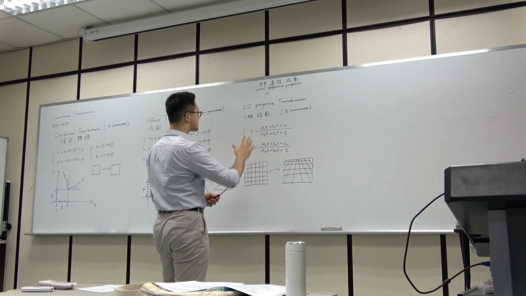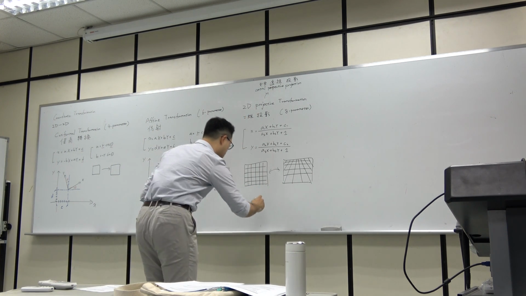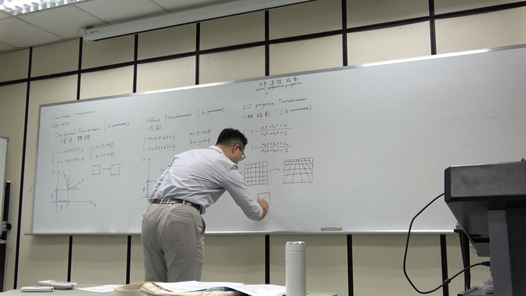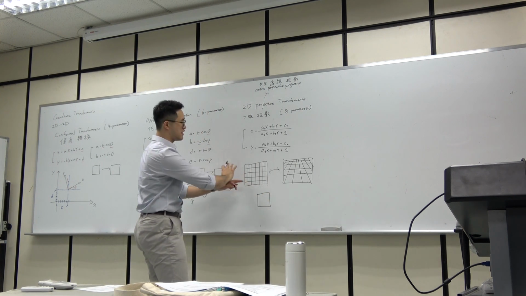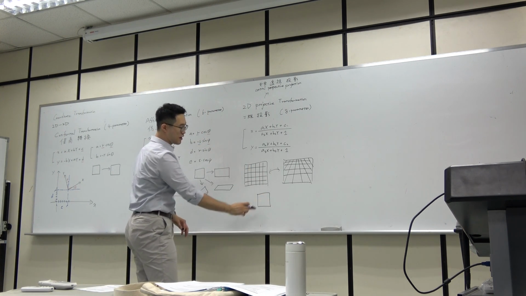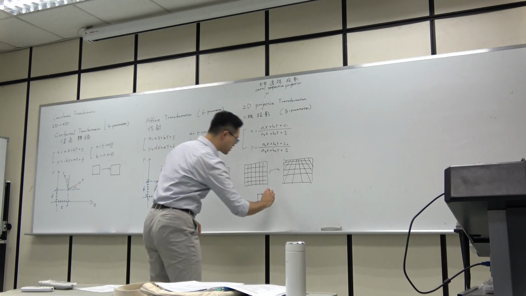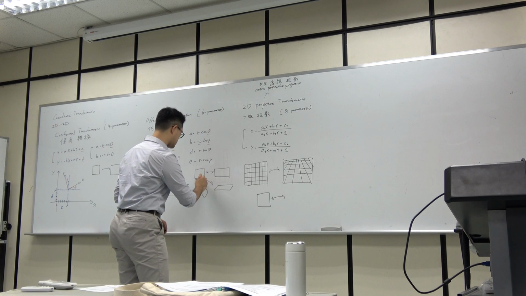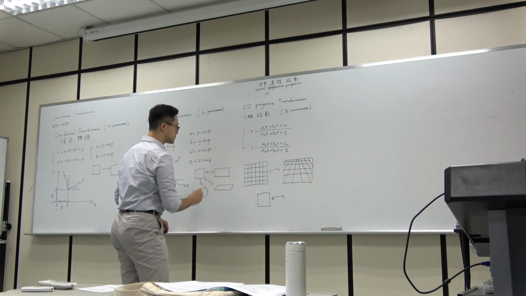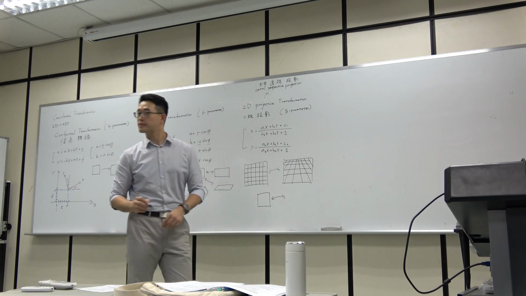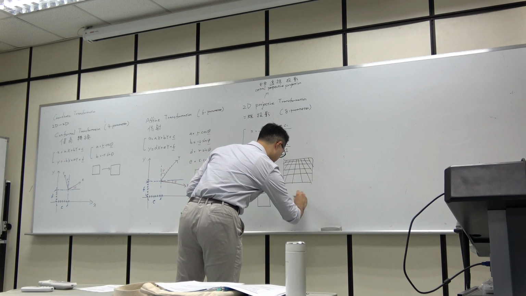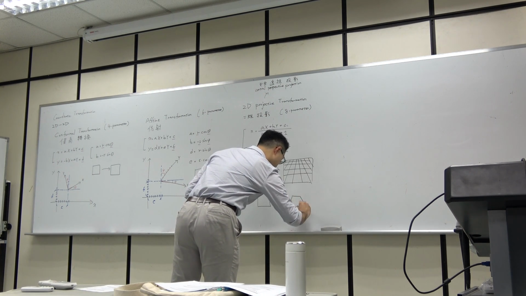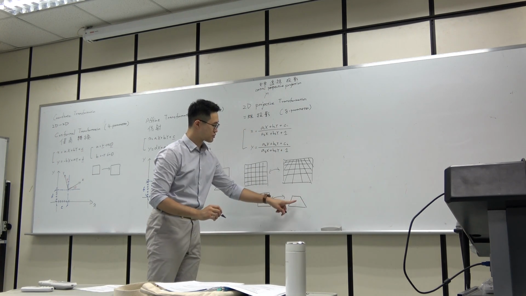So, as you can see, the 2D projective transformation, if we simplify this view, if we have a square, what's the shape it can help you to transform to? Trapezoid, right? It can help you to transform to trapezoid.